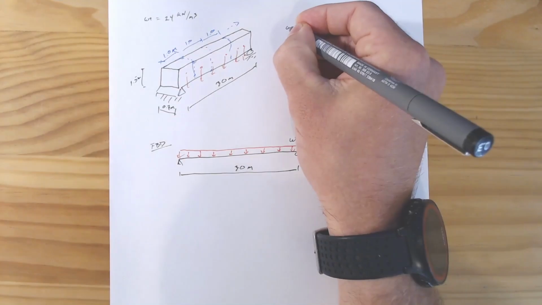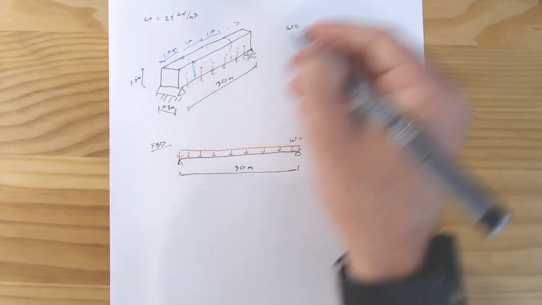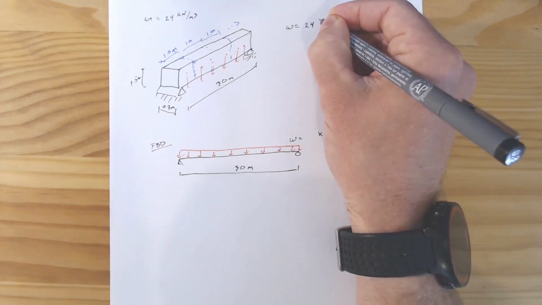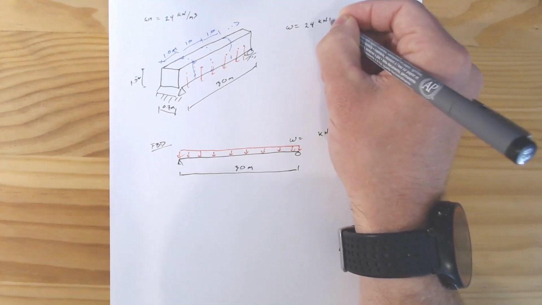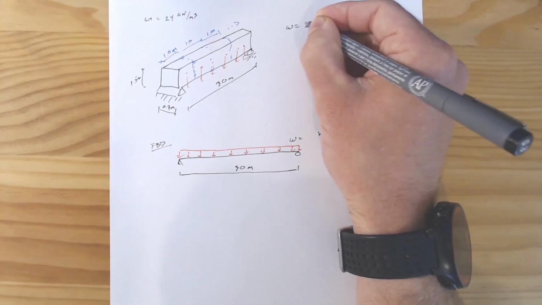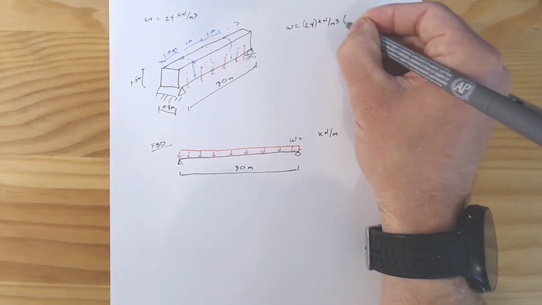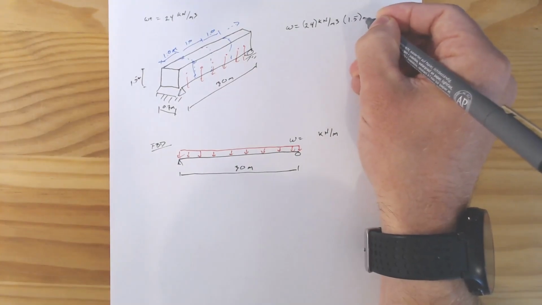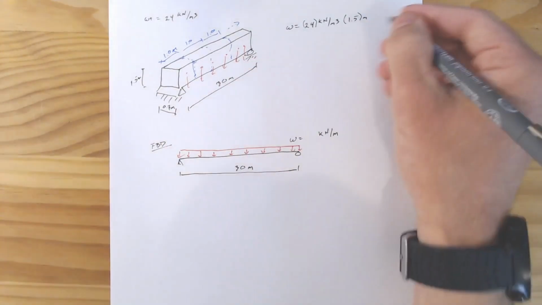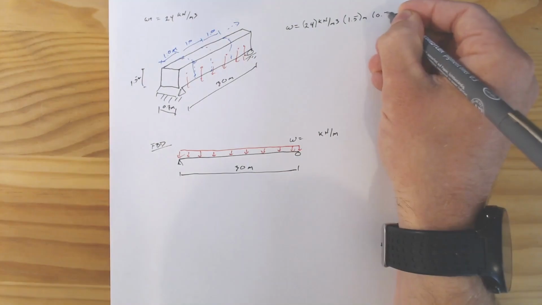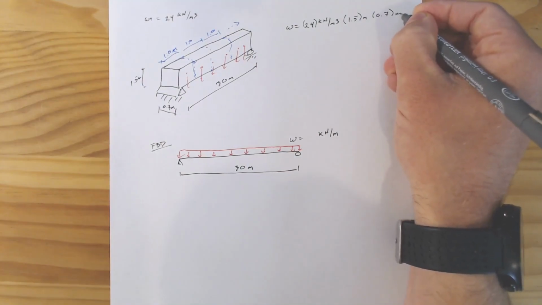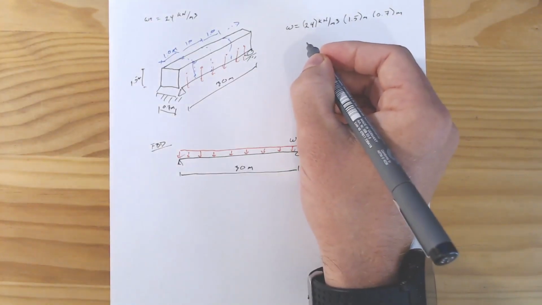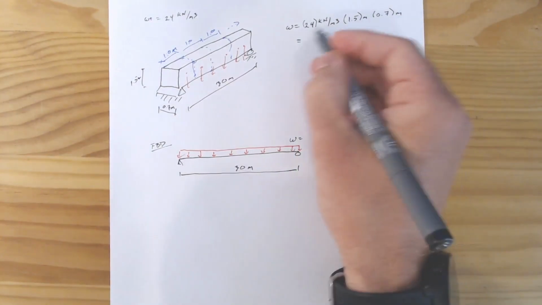And we would have W equals our unit weight, which is 24 kilonewtons per meter cubed, times our height, 1.5 meters, times our width, 0.7 meters, and that gives us what this 1 meter section would equal. And we can work all of that out.